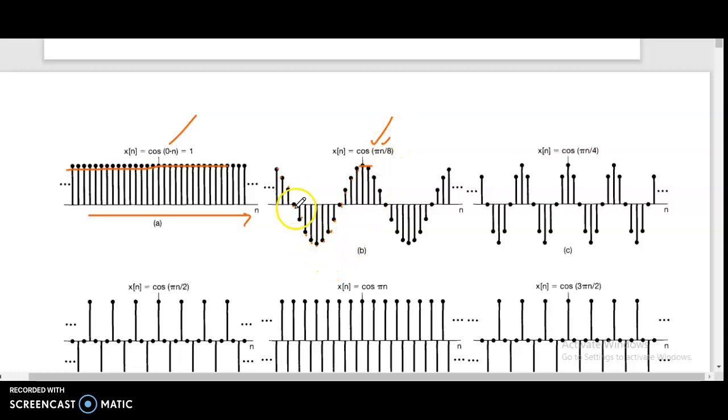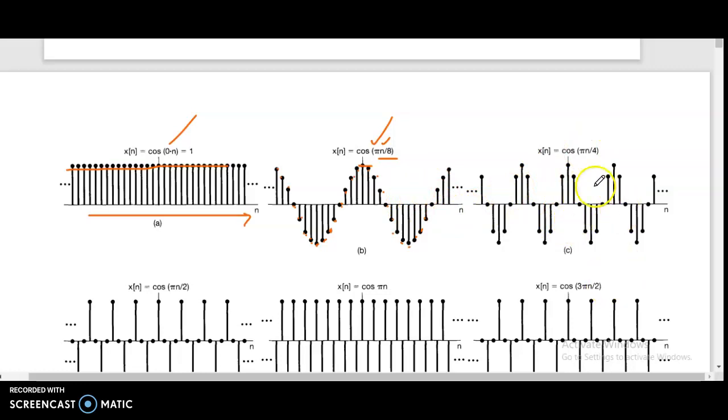Divided by 8 means 1, 2, 3, 4, 5, 6, 7, 8. Then here start 1, 2, 3, 4, 5, 6, 7, 8. That's why divided by 8. Pi n only divided by 8. Pi n multiplication. Here these all are different frequencies.